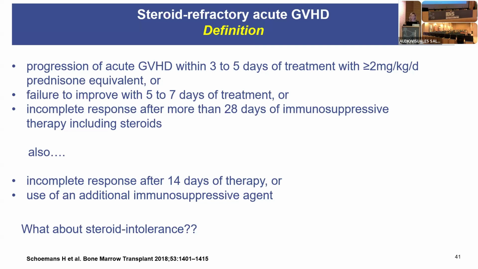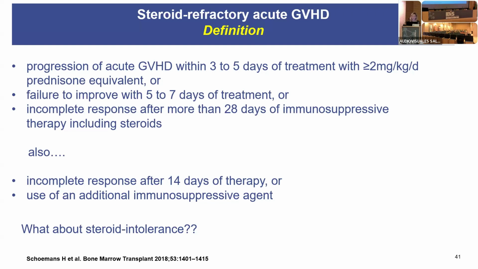Sometimes you always wait, well, let's give it one more day, but the definition is progression of acute GvHD within 3 to 5 days, or failure to improve in 5 to 7 days of treatment, or incomplete response after more than 28 days. This 28 days is always tricky because who can wait 28 days in acute GvHD to act? So in some studies, it will be after 14 days of therapy or use of an additional immunosuppressive agent.